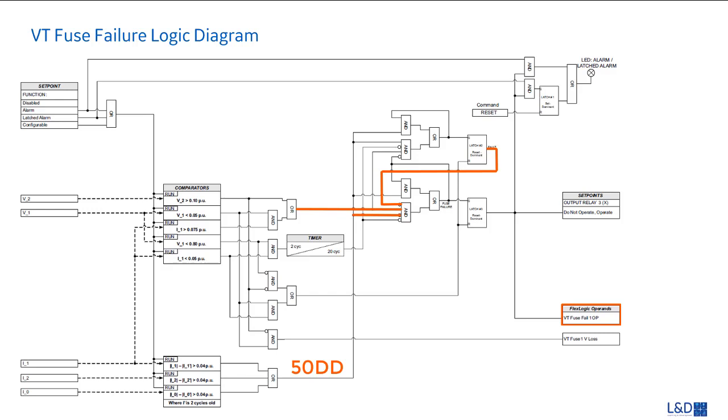So 50 dD, this operand, it detects the 2 cycles out of the positive, negative, and zero sequence current. And the fourth one is voltage and current cannot be both lost.